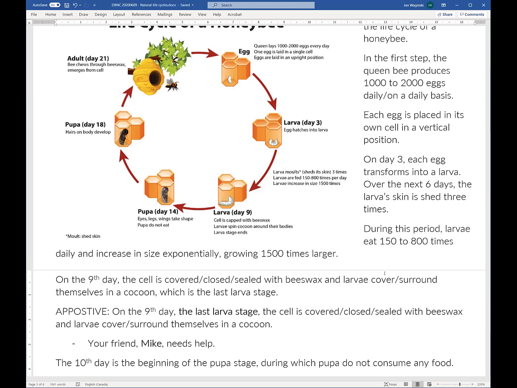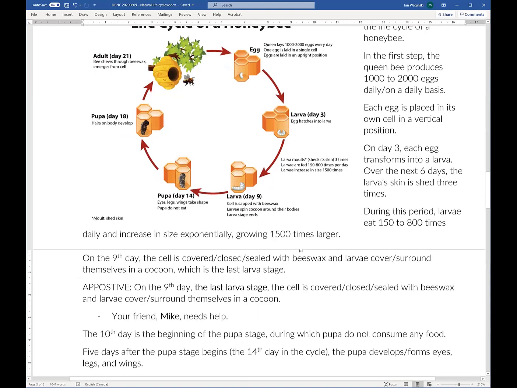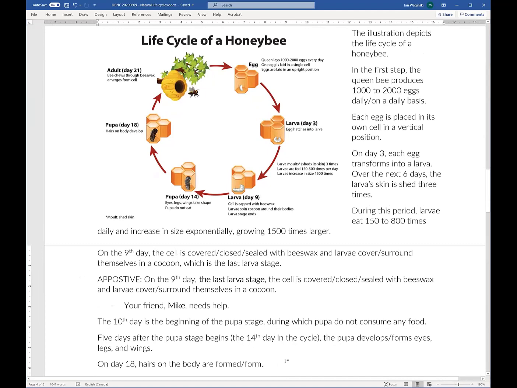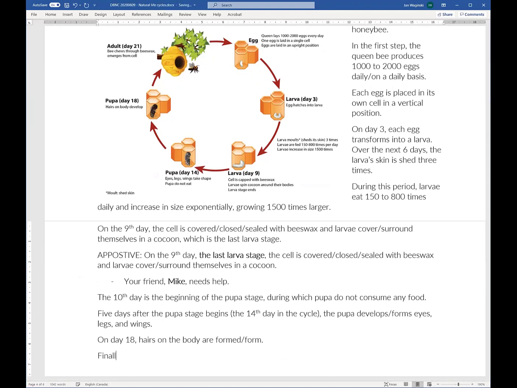Bee eats beeswax and then comes out from the cell. Sure. You should mention that, what is this? We talked about four stages, right? Yeah, an adult. So we can say the adult bee eats the wax or the beeswax.